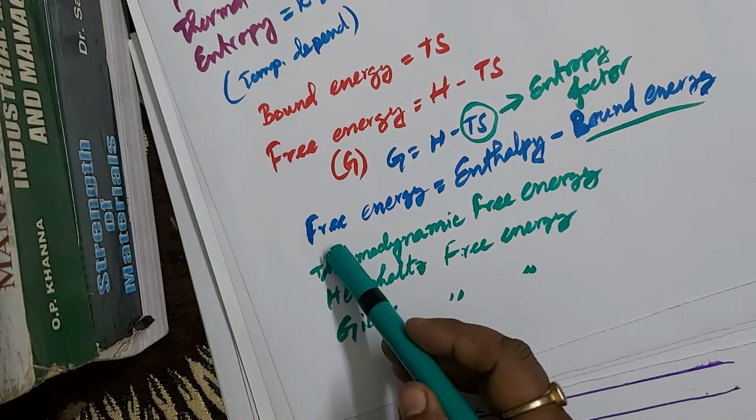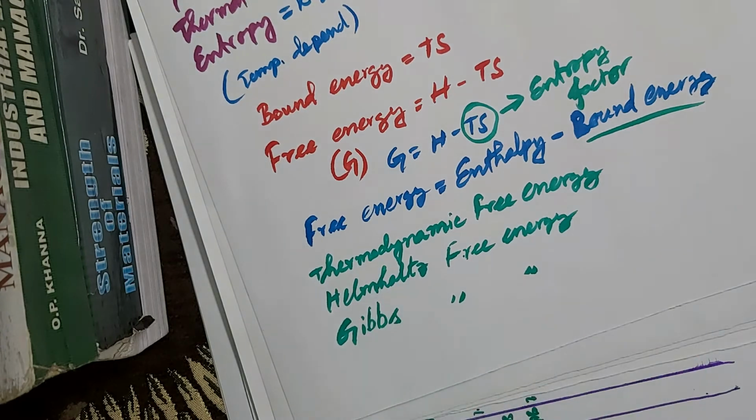So these are the three different types of free energies. First is thermodynamic free energy. Second one is Helmholtz free energy, and the third one is Gibbs free energy. And we have just now discussed the definition of these three free energies.